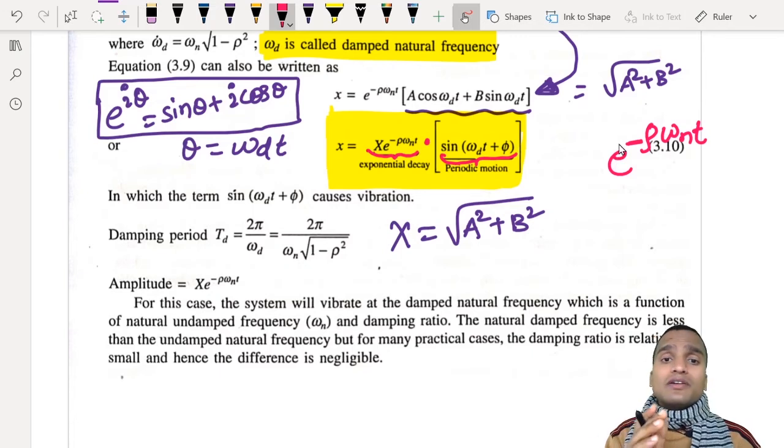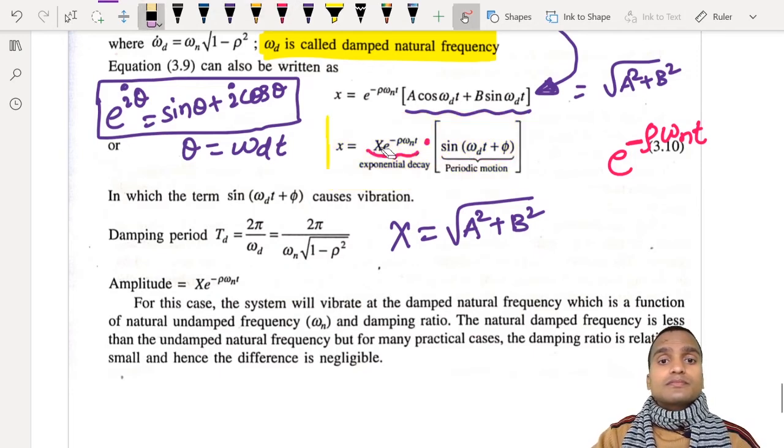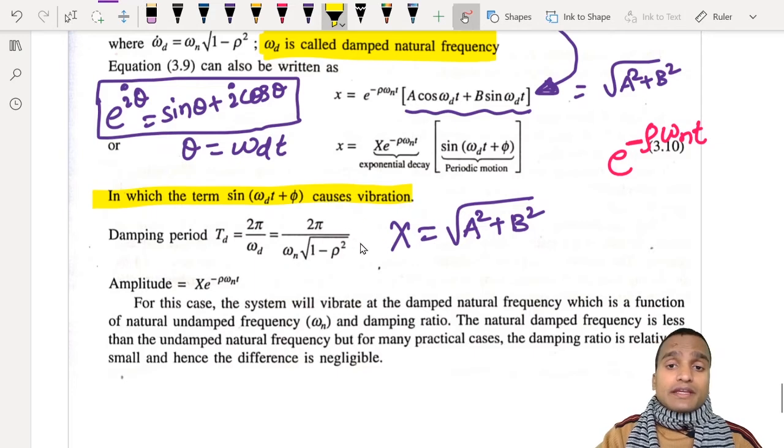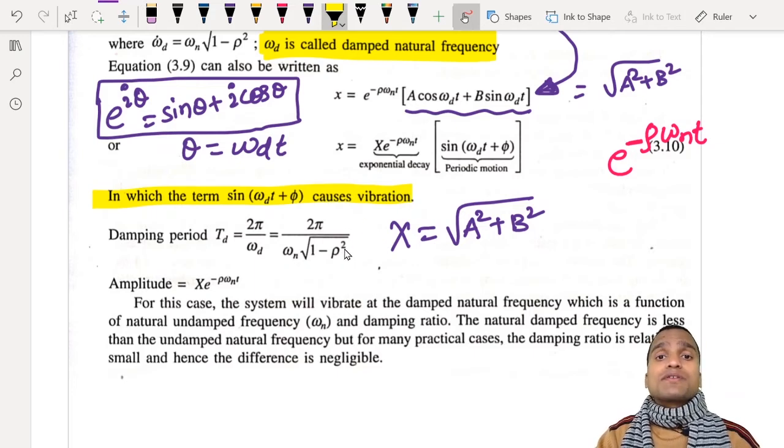So an underdamped system is both exponentially decaying as well as periodic in motion. The term sin omega d t plus phi causes the vibration.